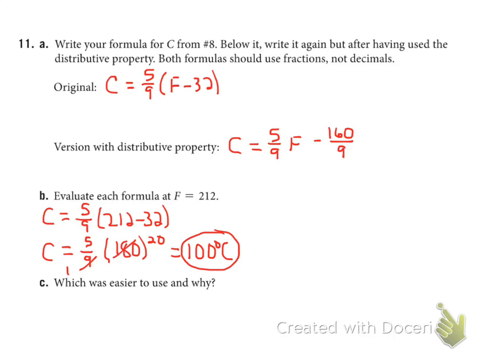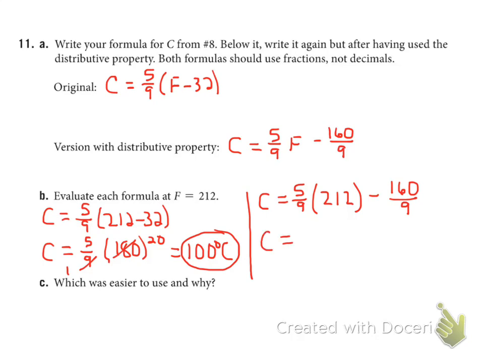And now they want us to do the same thing, but use the other formula. So C is equal to 5/9 times 212 minus 160 over 9. Notice we do have a common denominator of 9. Even if we could reduce the 9 and the 212, we probably don't want to do that because we're going to have to subtract anyway. We'll need a common denominator. So in that first part, let's just multiply straight across.